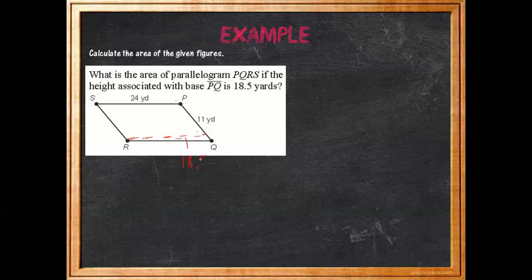It's 18.5, because remember the height is always going to be the one that's perpendicular to the base. If we know that the base is 11, we can take 11 times the height, which is 18.5. So we get 203.5. So the area here is 203.5 yards squared.